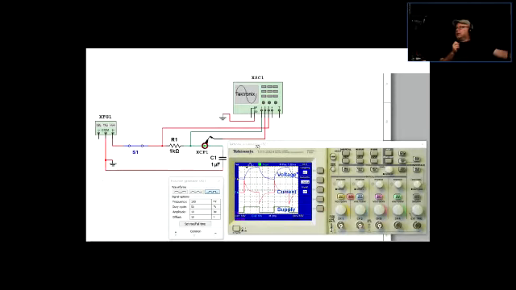Now, I multi-simmed a couple of circuits here. I just connected a resistor in series because you need something to limit the current so things don't go out of control. So I put a 1 kilo ohm resistor in series with the 1 microfarad capacitor.